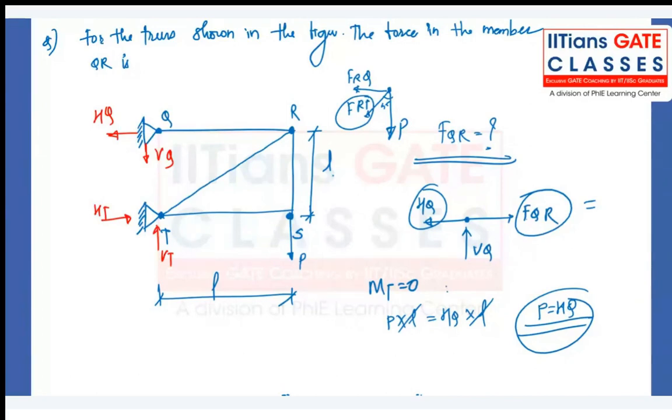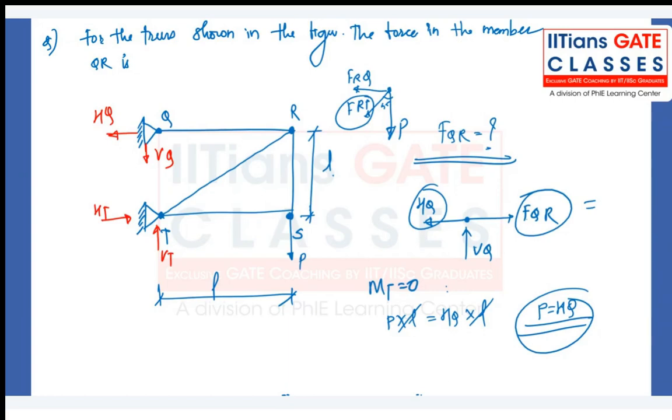Okay, in that way you are saying that FRT in this case is the resultant. Sir, what if I make this angle 30 degree? Then it will be complicated. Don't make it a general statement.